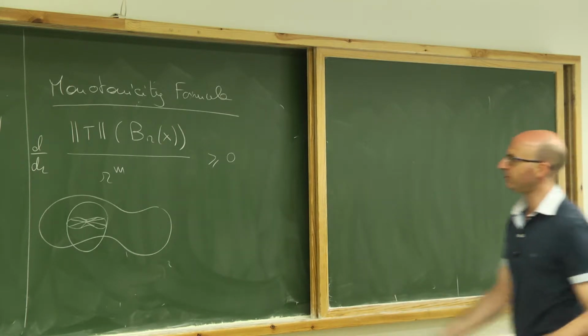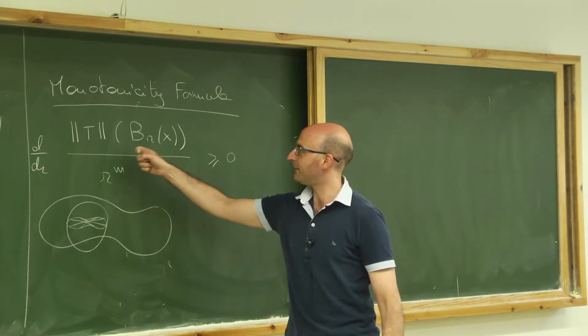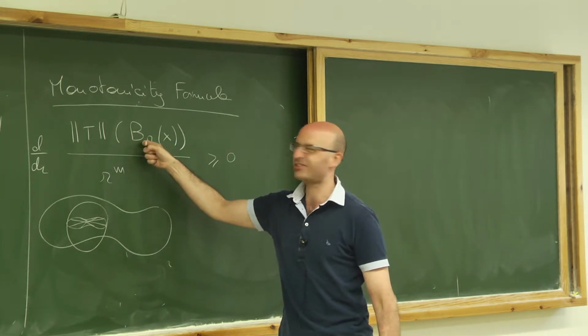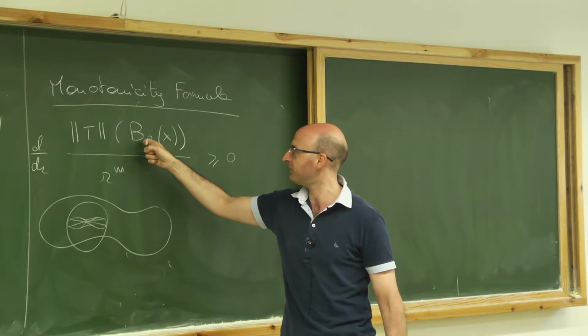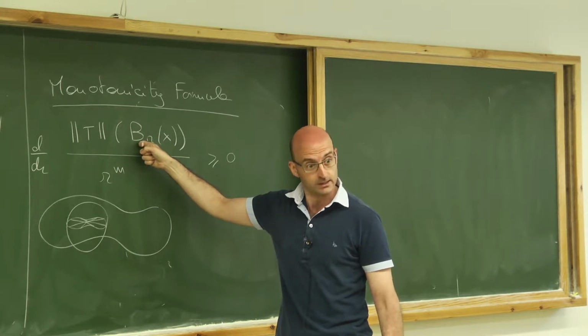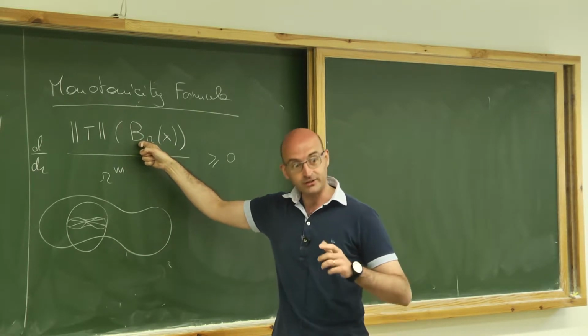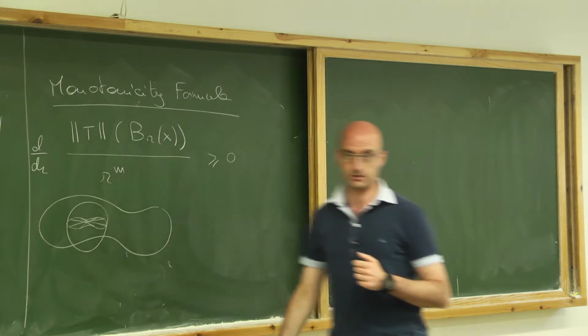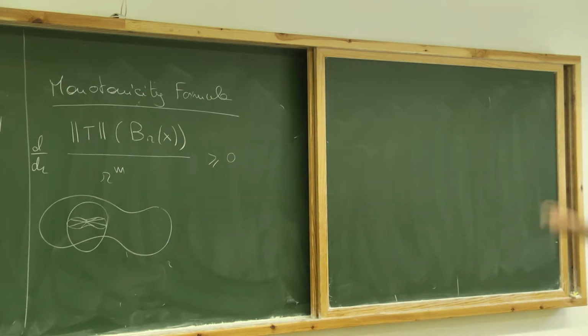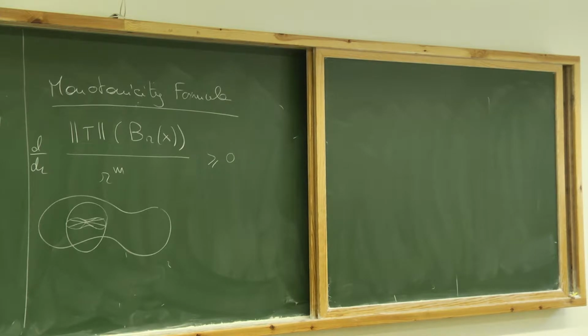And this is extrinsic. For the surface, this is kind of an extrinsic object, because I'm taking the ball in the Euclidean space. I'm not taking the disk in the metric of the surface, which in general I would not be able to do because my object is only defined in a weak sense.